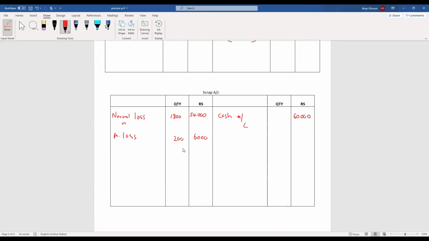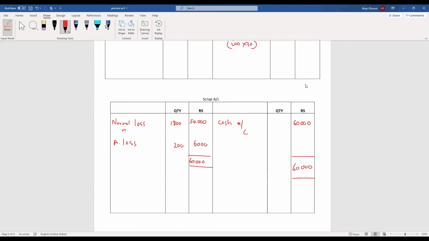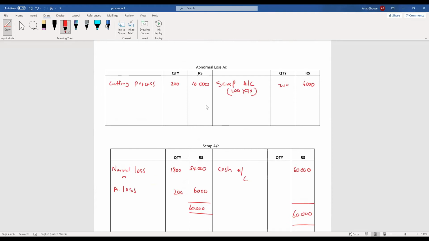So the total amount will be 60,000. And the difference in the abnormal loss account, now 10,000 and 10,000, the difference has to be transferred to the profit and loss account.